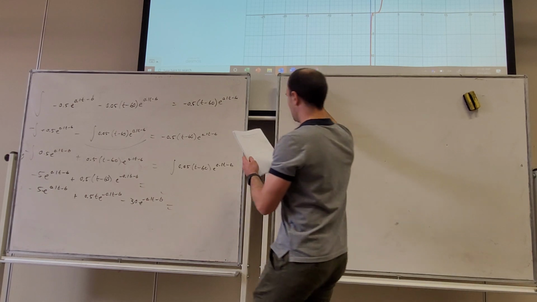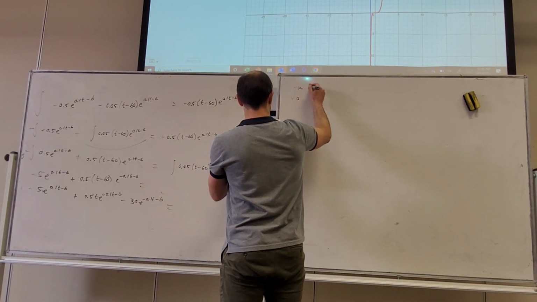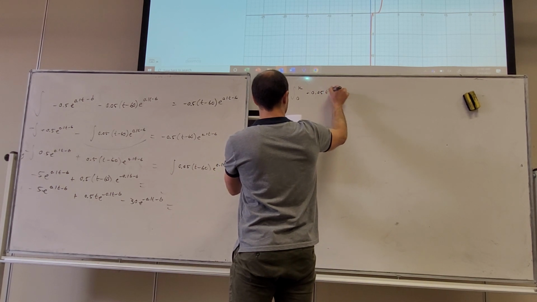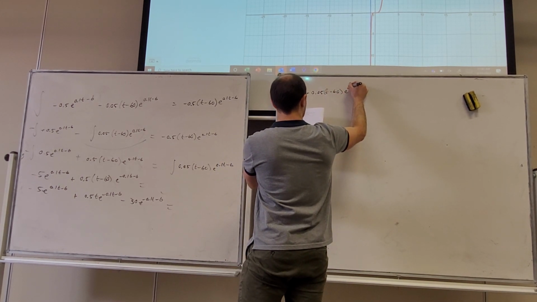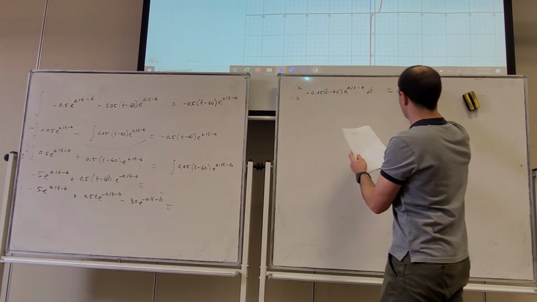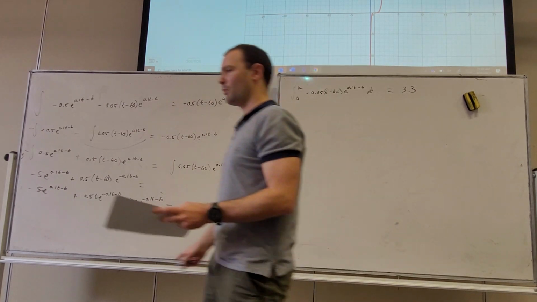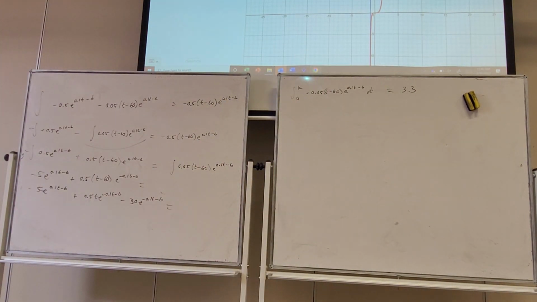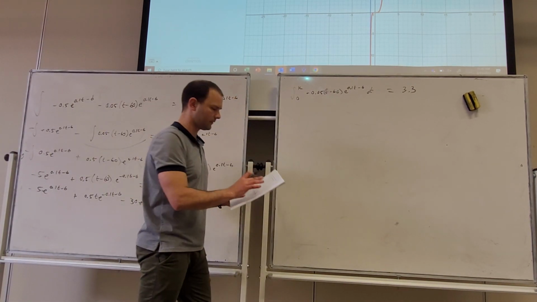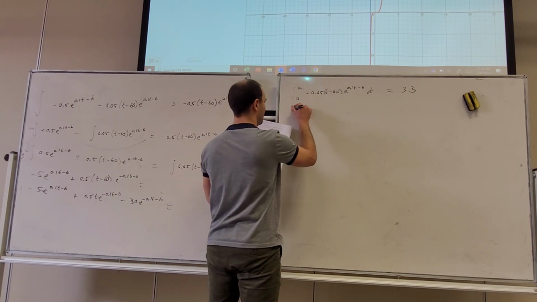Well, we know the integral from 0 to K of our function equals 3.3%, and we're going to find K. It says hence, so that means using what we just did. So we've got the integral there. Even if we haven't been able to show it, we've got the integral statement there, so we'll just use that one.